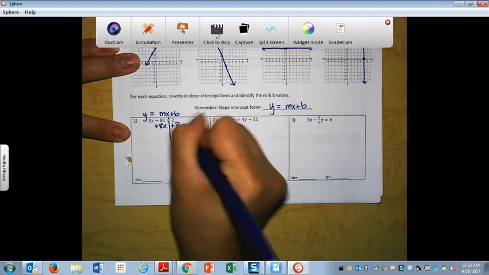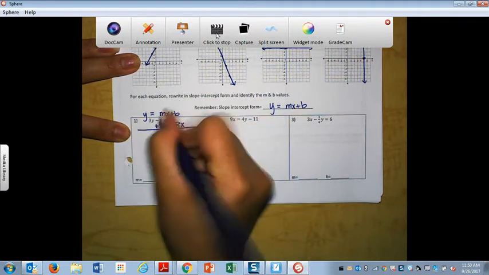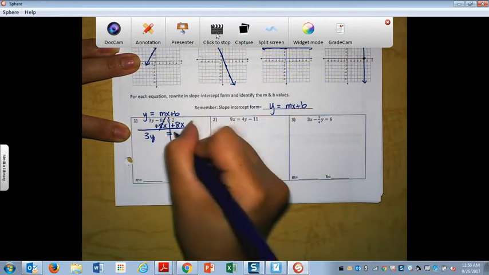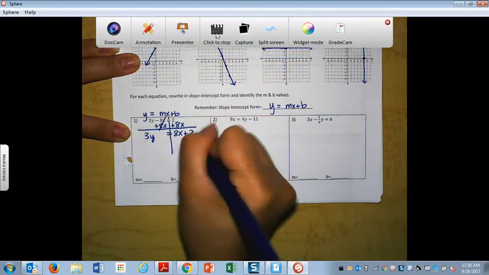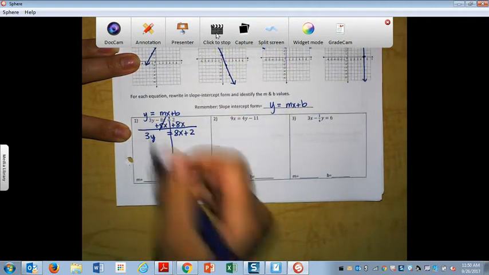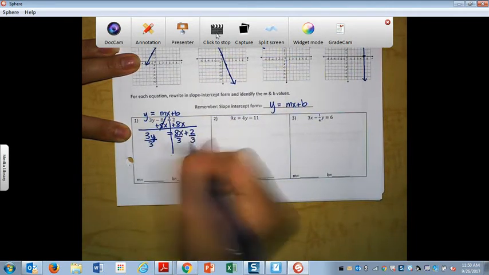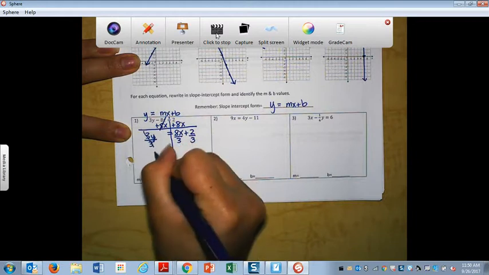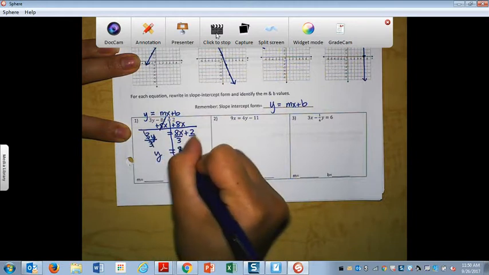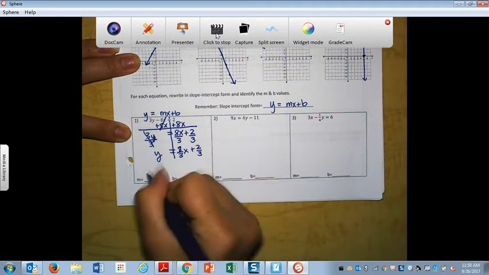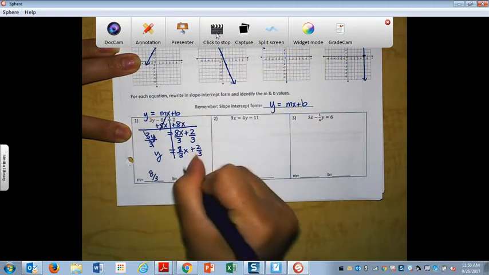Okay, so that goes away. 3y equals, you cannot add these together, 8x plus 2. So I'm going to write it as y equals mx plus b. Then you divide by 3 throughout, and you're going to get y equals 8 over 3x plus 2/3. Okay, here's your slope. Here is your y-intercept.